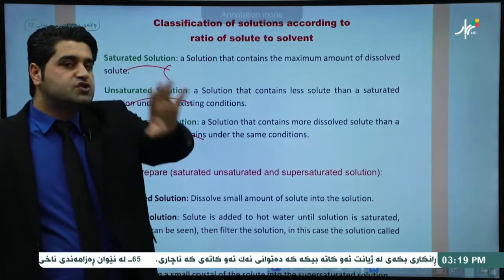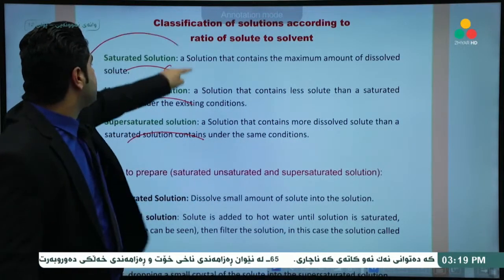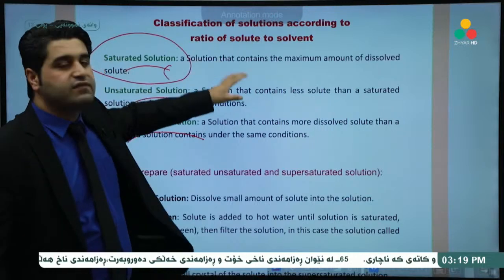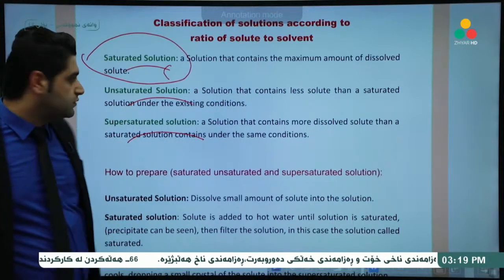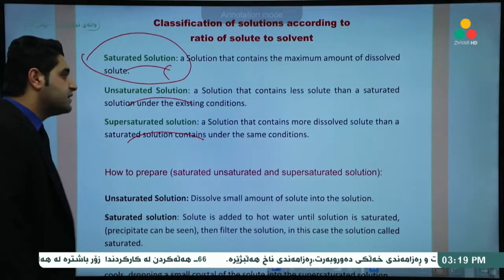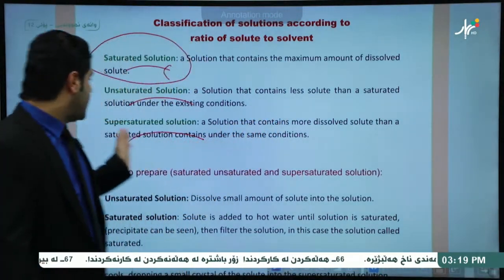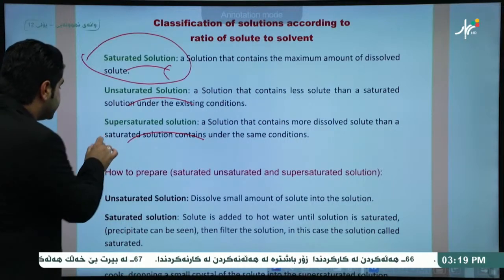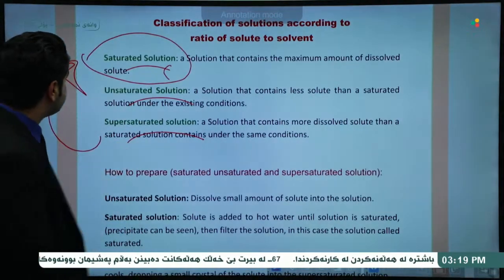So if we dissolve a maximum amount of solid in the solvent, it will be a saturated solution. In that case, we have an equilibrium between recrystallization and the dissolution process. An unsaturated solution contains less solid than the saturated solution, and a supersaturated solution contains a higher amount than the saturated solution.